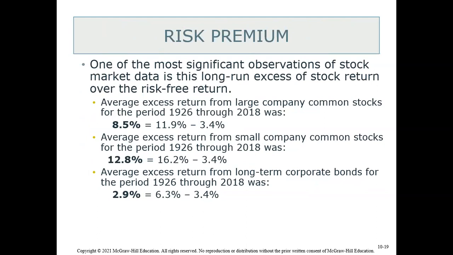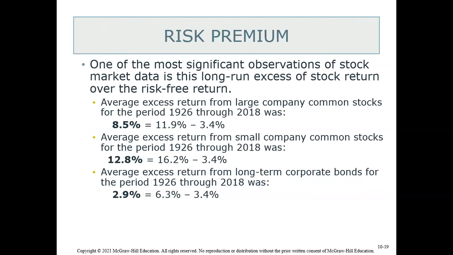One of the most significant observations of stock market data is this long run excess of stock return. So the return over the risk-free return. So if we average excess return from large company stocks, right now we said large company stocks average return is 11.9%.